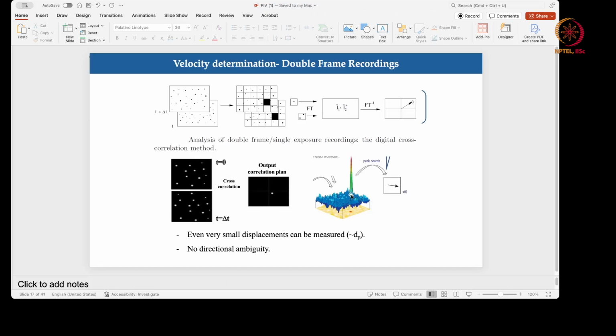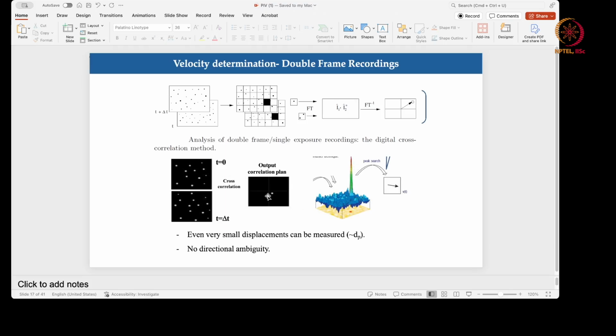As a result of that displacement, this is where the bright spot will come, which is basically this peak. If you look at it from the top, it will resemble a bright spot, and then there will be noise. If you search for the peak, it will be a single bright spot, and then there will be background noise, which is due to the other terms. But the peak is supposed to be at least 2-3 times higher.